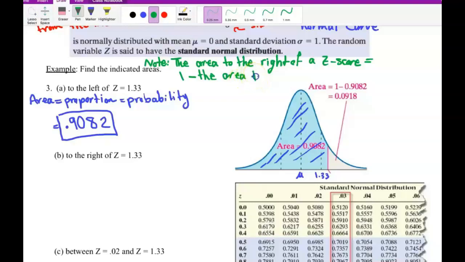So this is the area to the right. That is equal to 1 minus what we have on the left, which was from part A. The area to the left was 0.9082. So the answer is 0.0918.